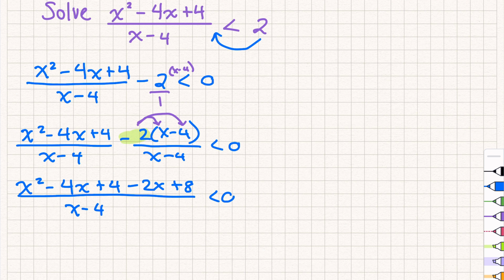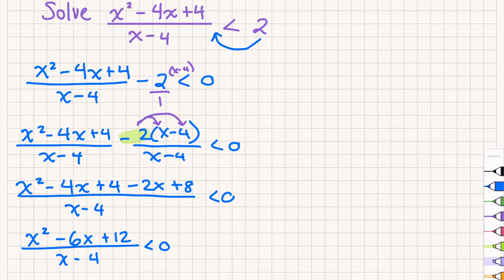And now we're going to simplify. So we're going to collect our like terms. So we're going to end up with (x squared minus 6x plus 12) all over (x minus 4), which is less than 0.